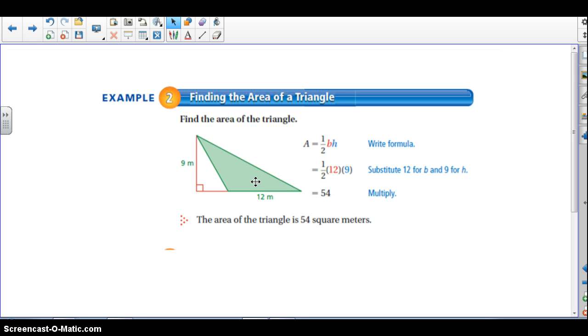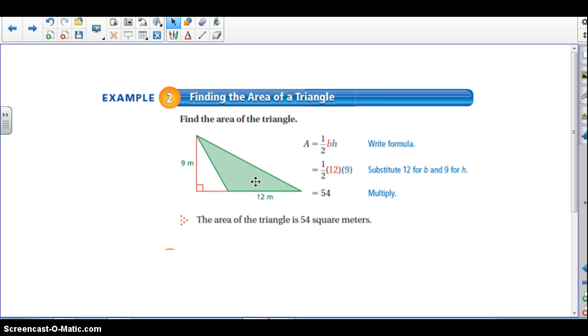Next thing I want you to think about is how you figure out the answer to 1/2 base times height. Calculator, not available. So there are different methods to doing it. Just think of a couple that could be done and how you actually figure it out.